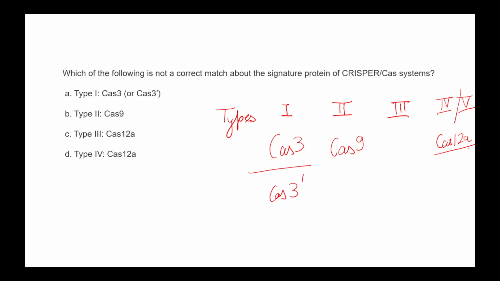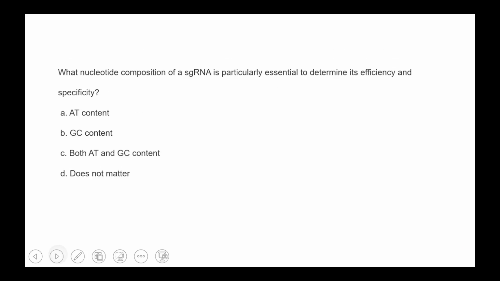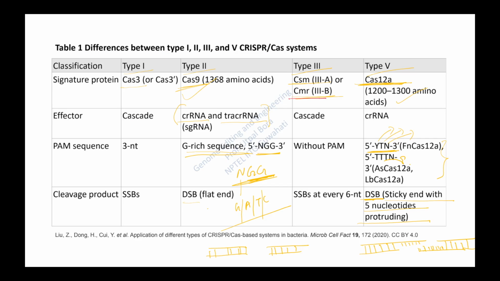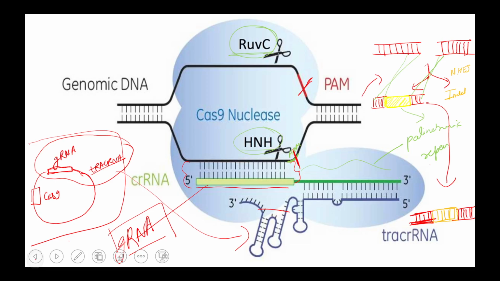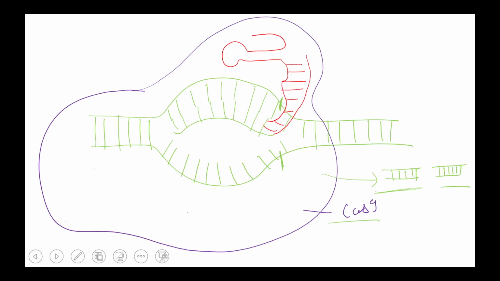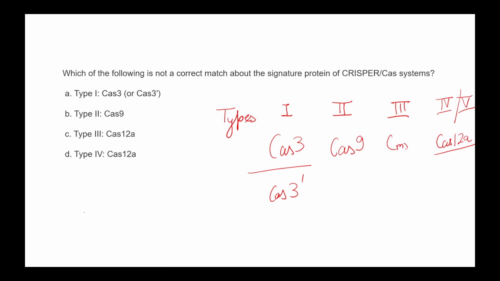In type 3, we do not have Cas12. It is another protein which is listed here, Cmr3b and Csm3a.